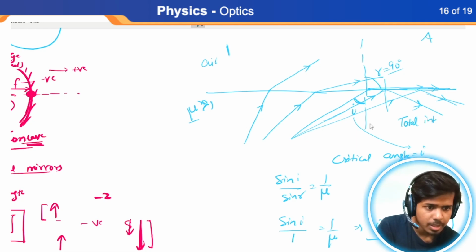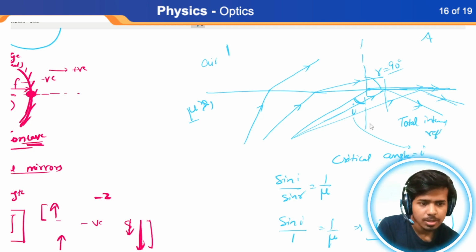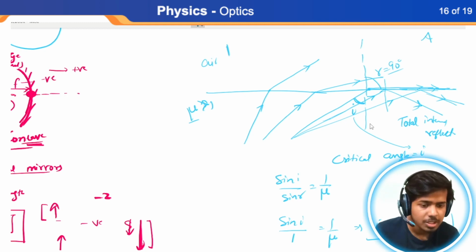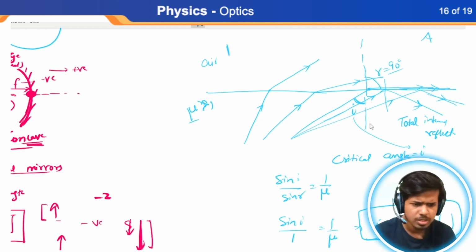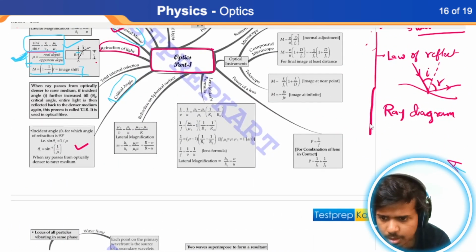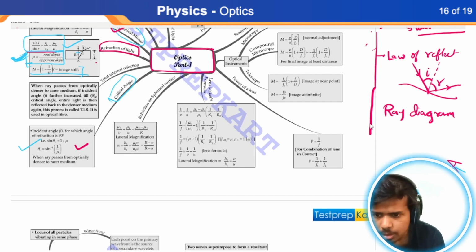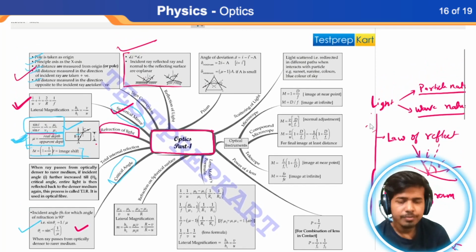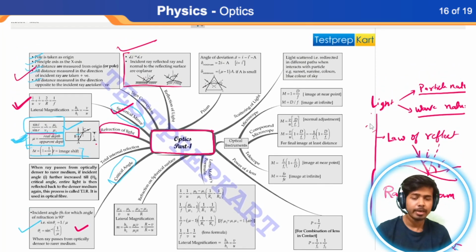And the minimum angle for total internal reflection is the critical angle, which can be found out from this particular formula, which is very easy to remember even. All light which is having higher angle of incidence than the critical angle will just reflect inside.